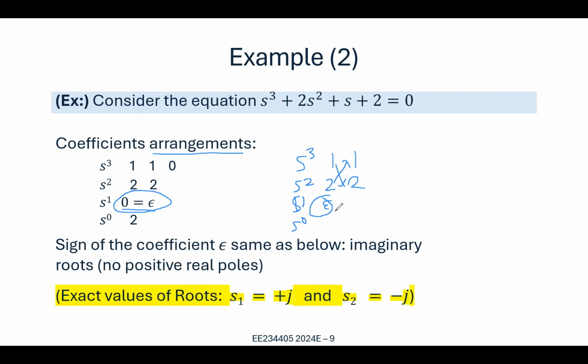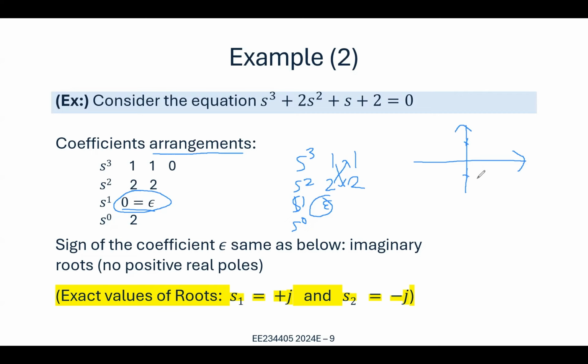So if we have no further change of sign, we say that there will be an imaginary root, so no positive real pole. Imaginary roots mean that in the s domain, they are located on the imaginary axis.